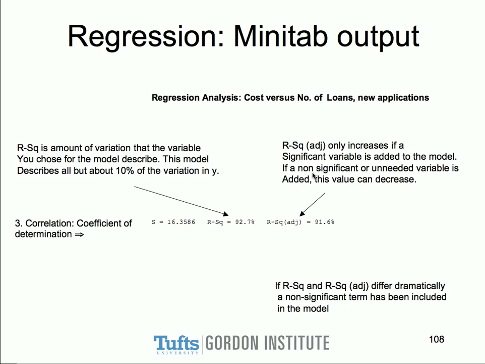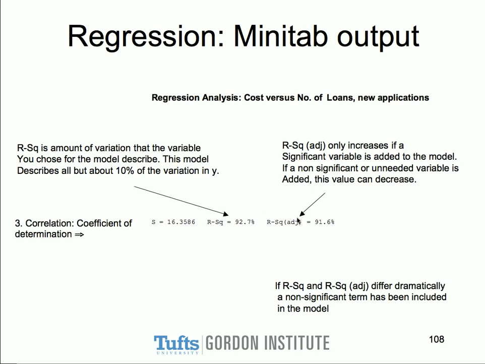So our third item here is called the correlation coefficient of determination. All right, R squared is the amount of variation that the variables we choose to model describe. So this model describes all but 10% of the variation in y, which is cost. Okay. The R squared adjusted value, here's the difference. What's the difference between R squared and R squared adjusted?